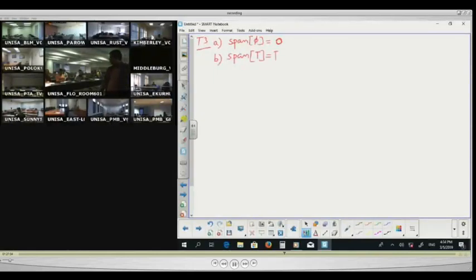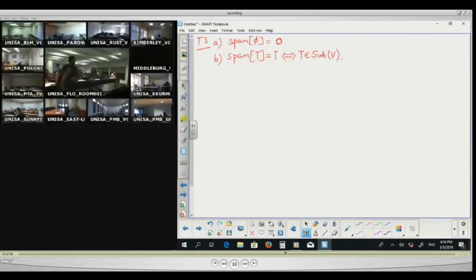So it says span of T is equal to T if and only if T is a subspace. What is new in this? If span of T is equal to T, span of T being a subspace, equality says T is a subspace, right?